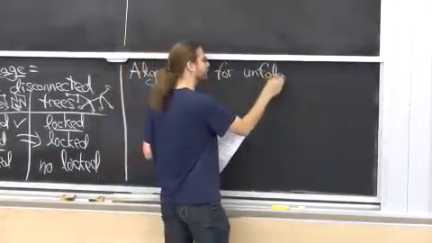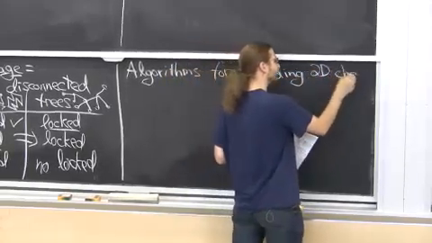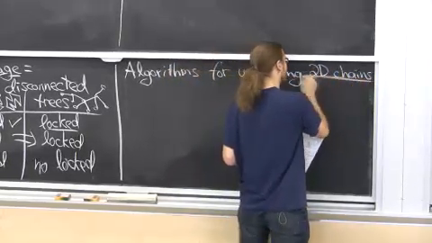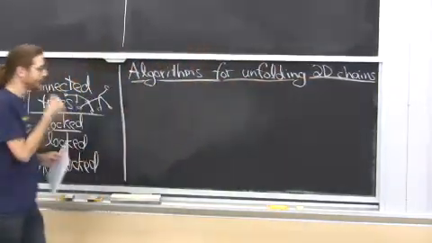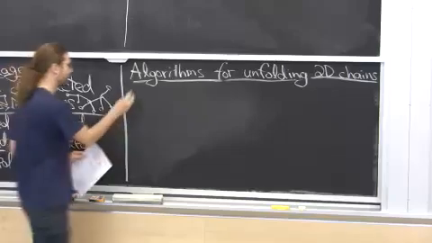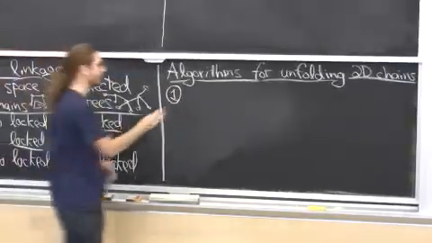So we'll call this unfolding 2D chains. Unfolding being the goal of straightening or convexifying. And the first algorithm is just to mimic the proof that we saw.